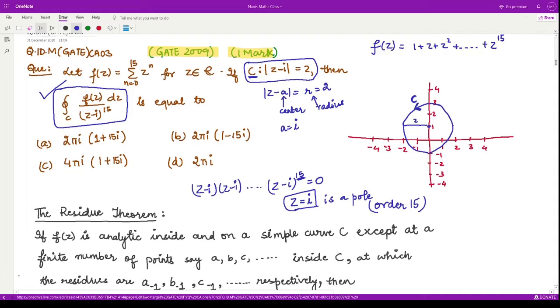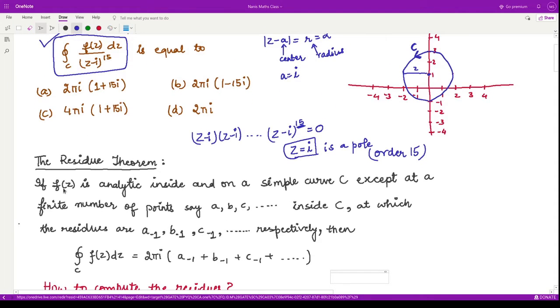According to the residue theorem, if any function is analytic inside and on a simple closed curve C except at a finite number of points, say these are the points. In our case we have only iota as a point where the function is not defined.